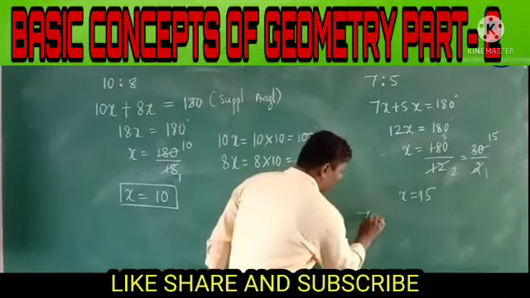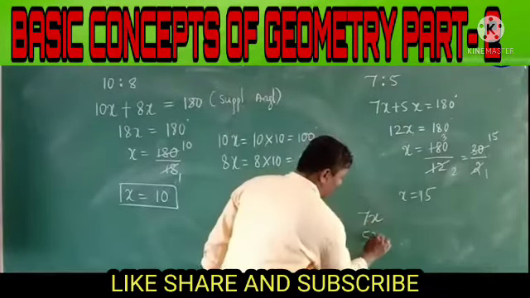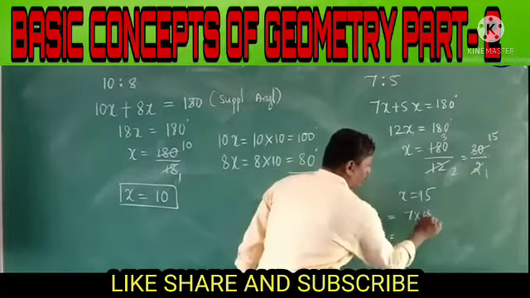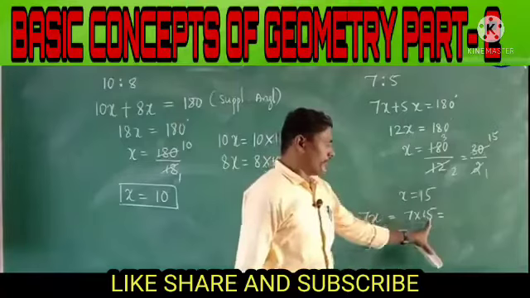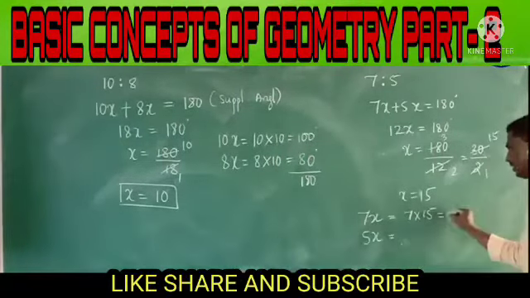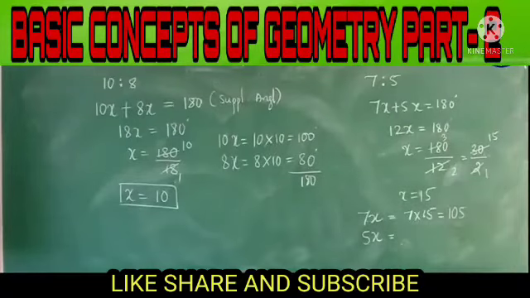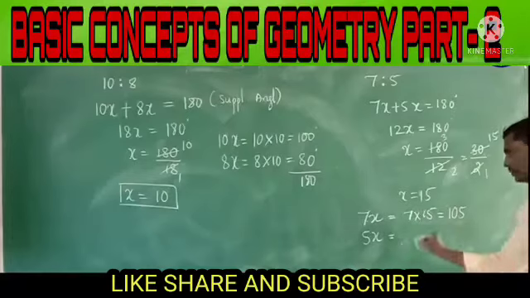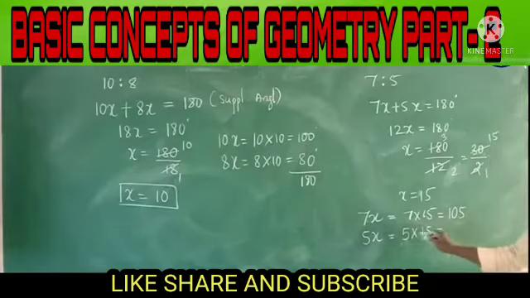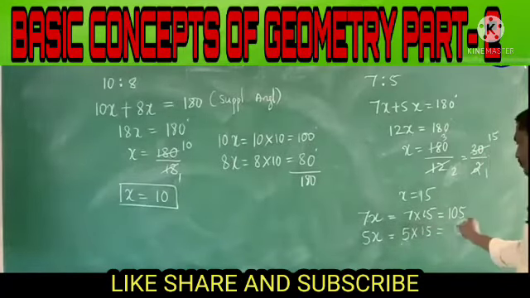So what are the given ratios? 7x and 5x. Multiply 7 into 15. 15 sevens are 105, right? 15 sevens are 105. Next, second angle, 5 into x value 15. 15 fives are 75.